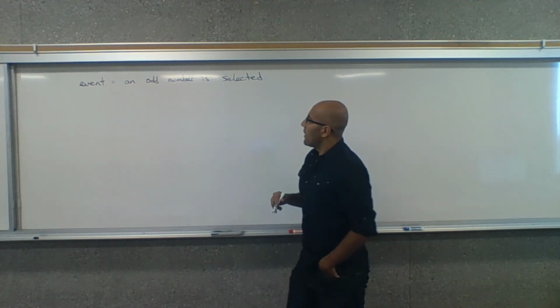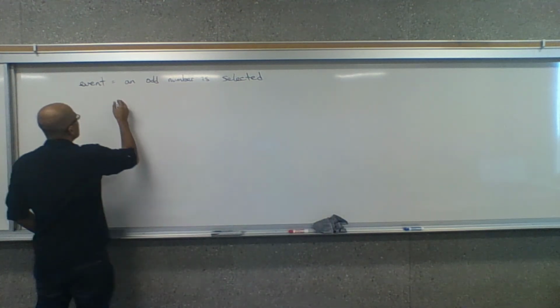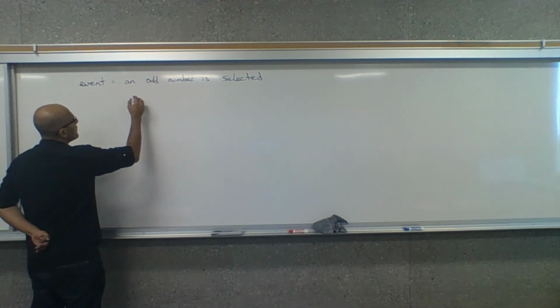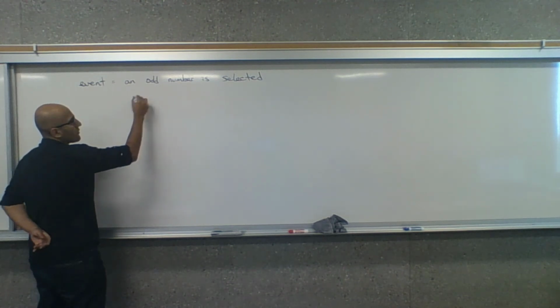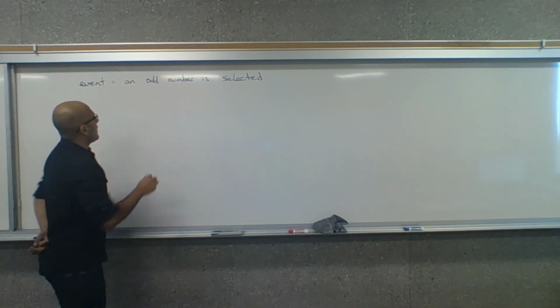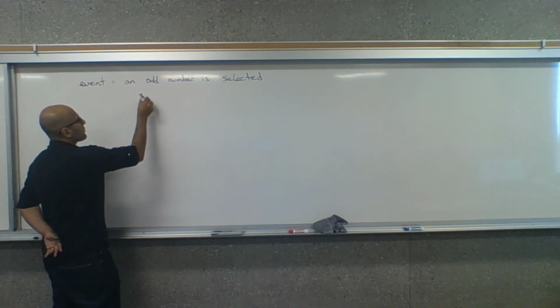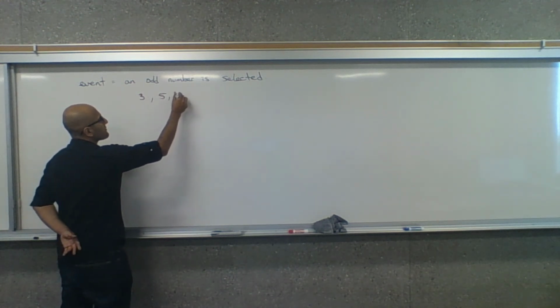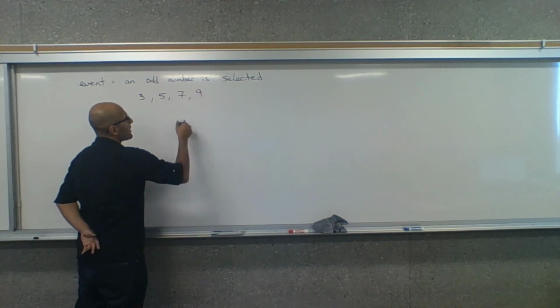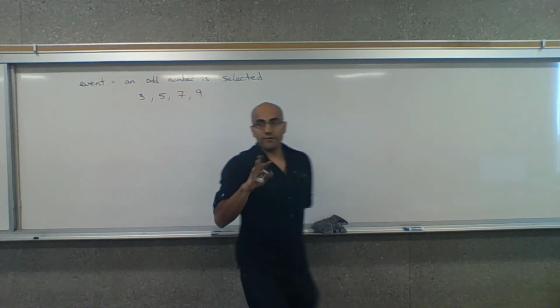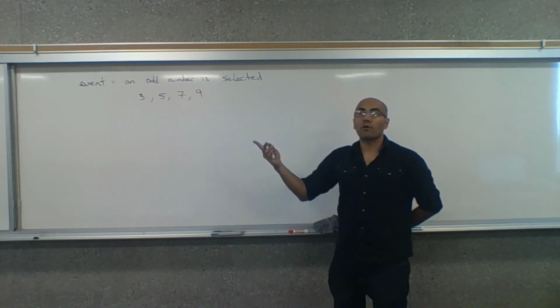Okay. So what are the things that constitute an odd number? Well, there is no ones in the deck, right? I'm not going to consider an ace to be an odd number. So we have 3s, or 5s, or 7s, or 9s. That's it, as far as the numbers. But for each one of them, there are 4 suits.